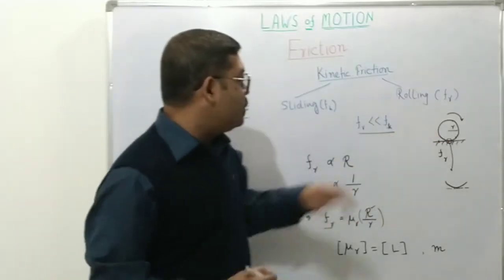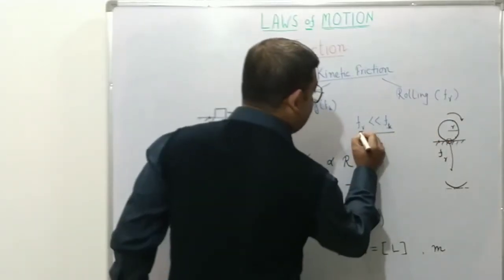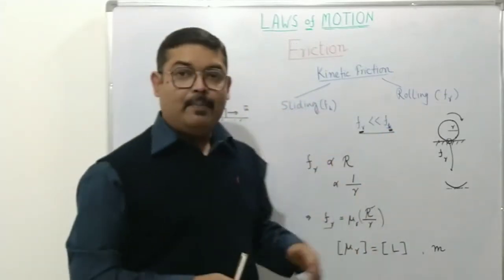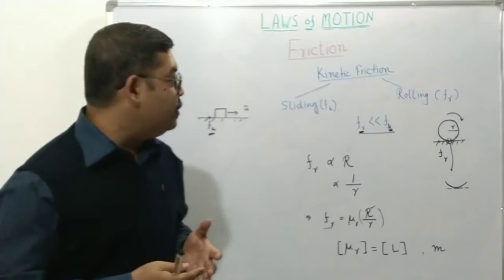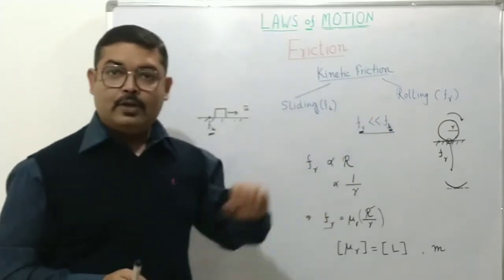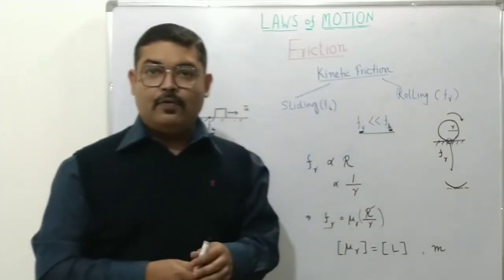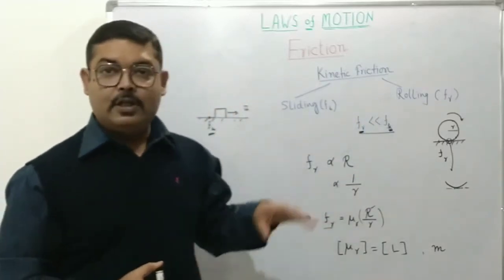However, since the force of rolling friction is much smaller than the force of kinetic friction, when we roll, we need to apply much less effort. We lose much less energy, and that is why the wheel is known as one of the greatest inventions of all time, because it reduced our efforts and increased efficiency.